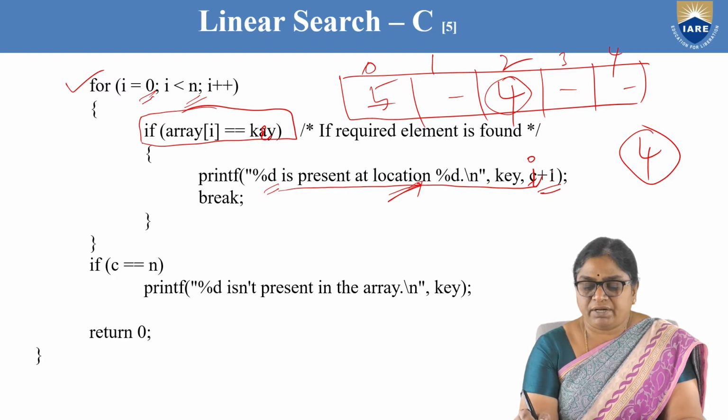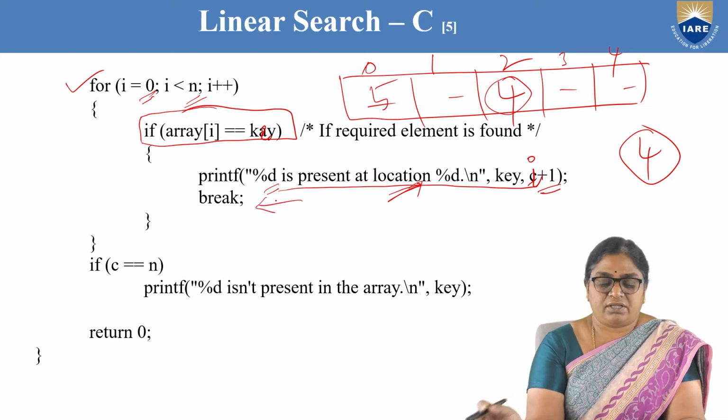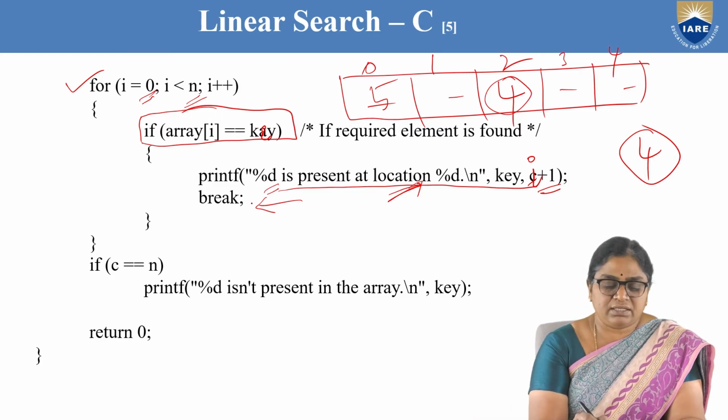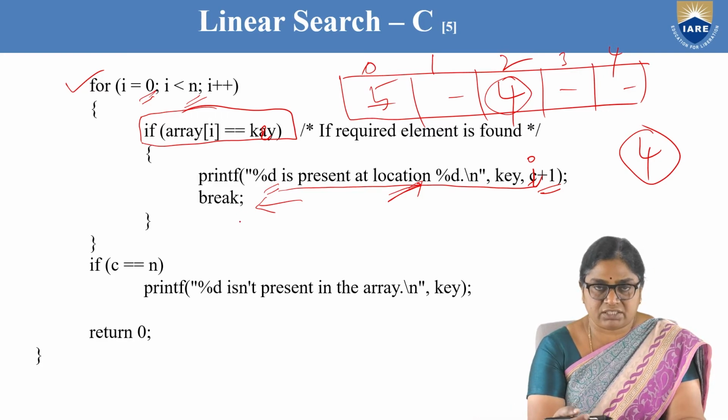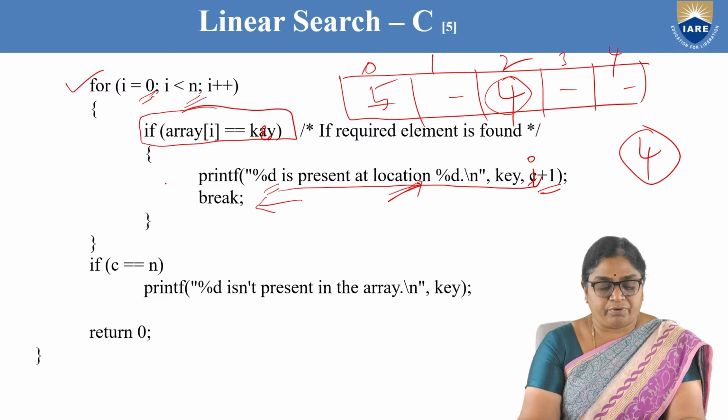I is 2 plus 1. That is 3. So 4 is present at location 3. And we are executing a break statement after printing this message. So when that break statement is encountered, then automatically it will terminate the loop.